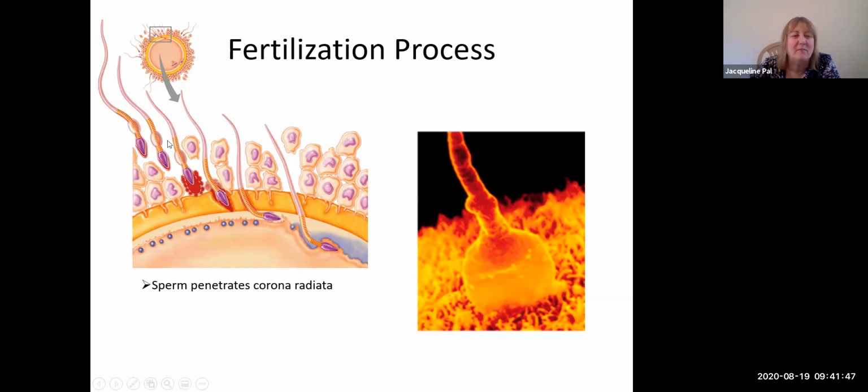So what has to happen is a sperm has to get to the corona radiata, okay? And it's got to get through the corona radiata, and then it gets up to the zona pellucida and realizes, brick wall, can't get through. I need a little dynamite. And so the acrosome releases its enzymes.